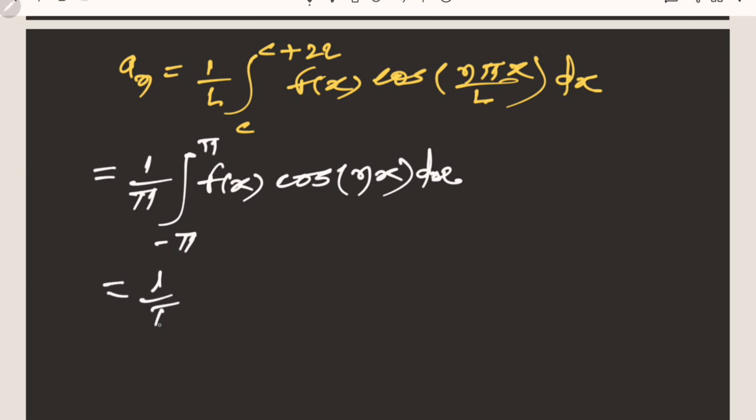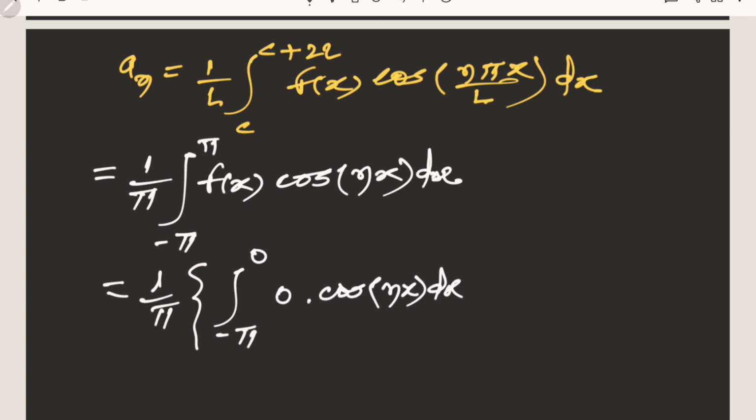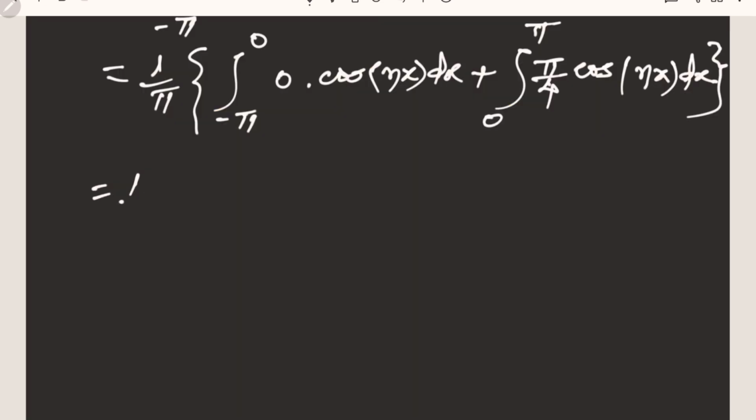And then splitting that integral, 1 by pi as it is, from minus pi to 0 the value is 0 for the function, and plus from 0 to pi the value is pi by 4 times x cos of n pi x by pi, which means cos of nx only.